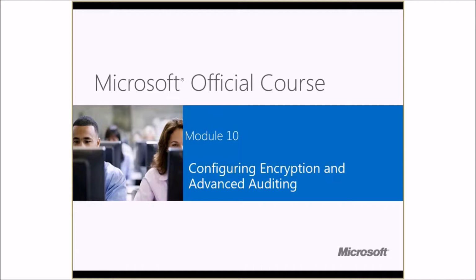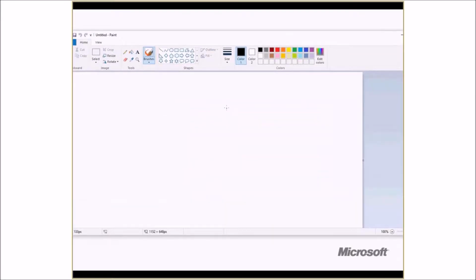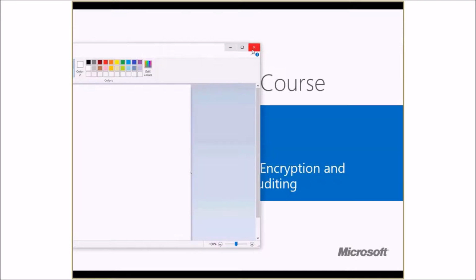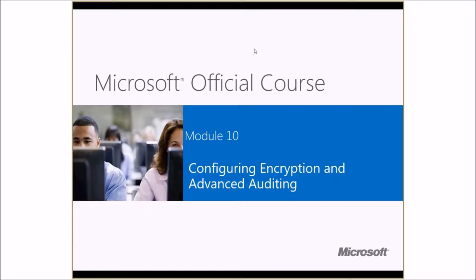Obviously I can't do this on the whiteboard, so I'll do it in Paint. Paint's probably not even the best tool for this. I might just use OneNote. So bear with me for a second.